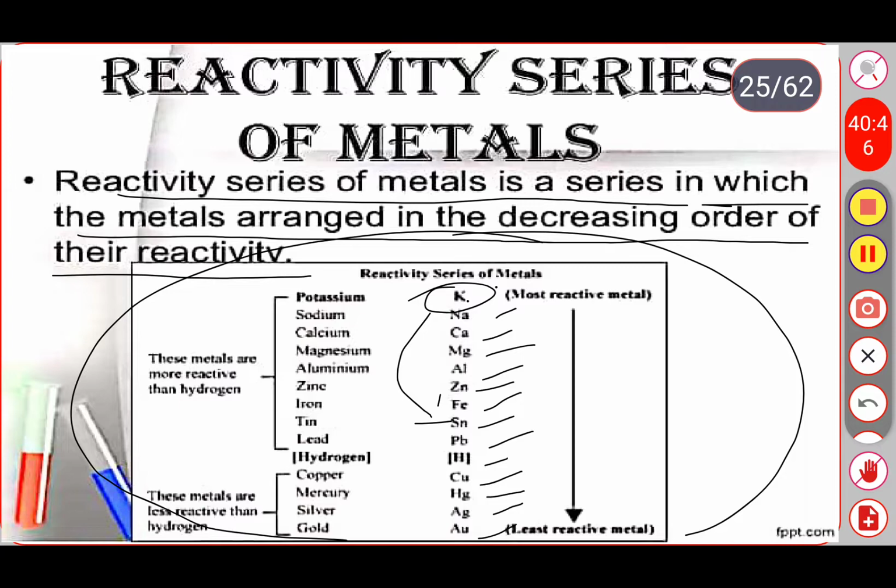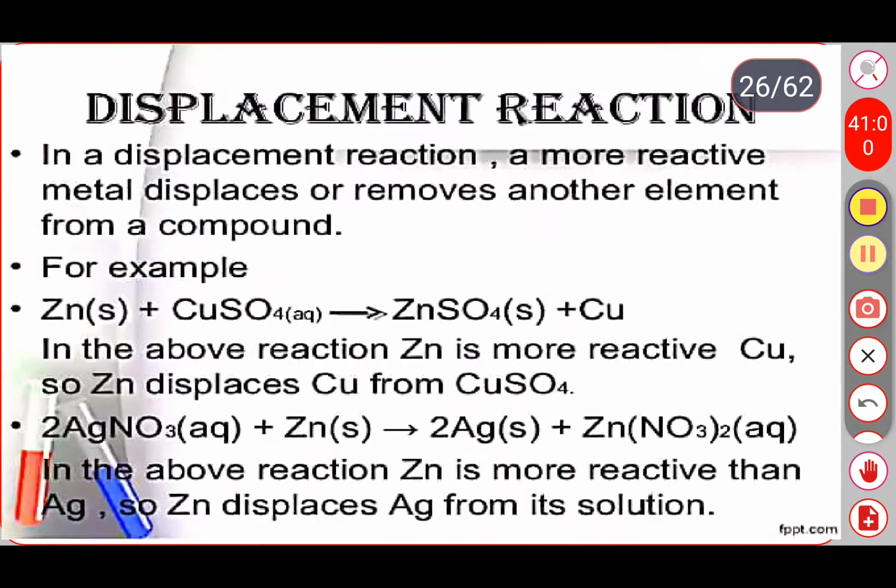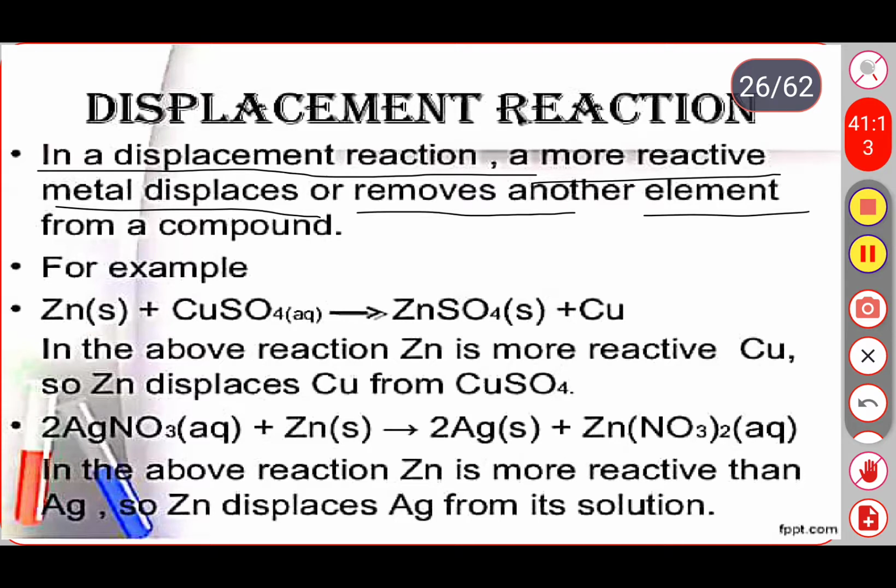Okay, see here, in a displacement reaction, a more reactive metal displaces or removes another element from the compound. For example, zinc. When zinc is combined with copper sulfate, CuSO4, it forms zinc sulfate and copper.